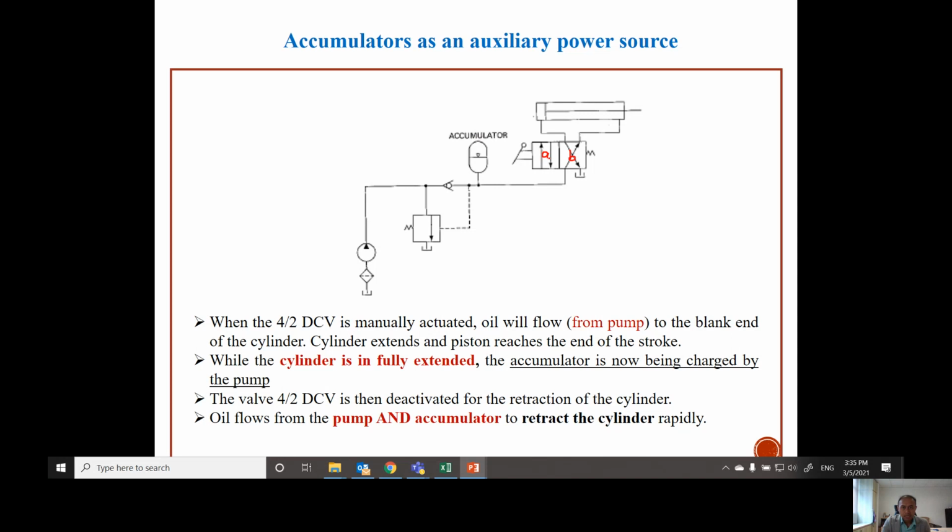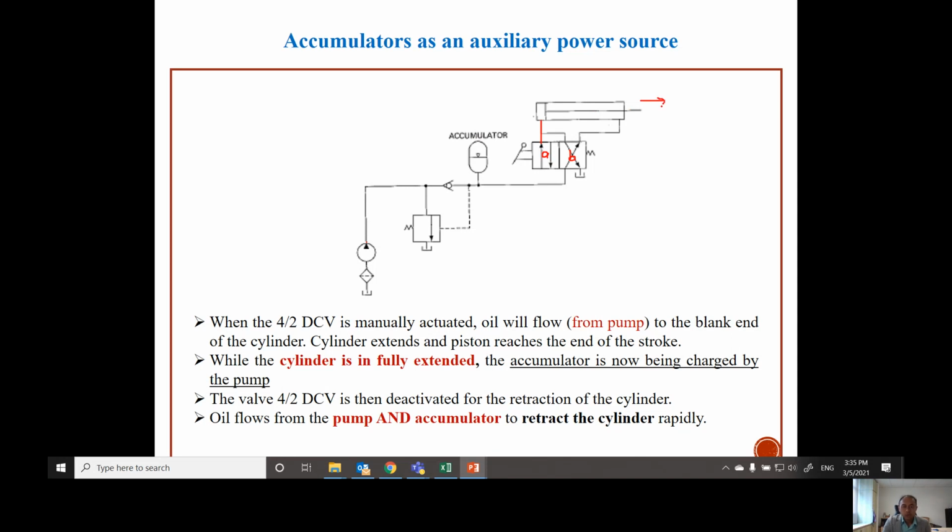Okay, this position A, and from there you can see that the oil will flow from the pump, all the way to the, since position A is active, so the flow will be connected to the blank end of the cylinder, and because of that the cylinder will extend.